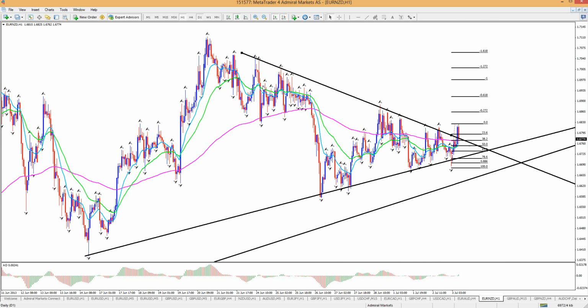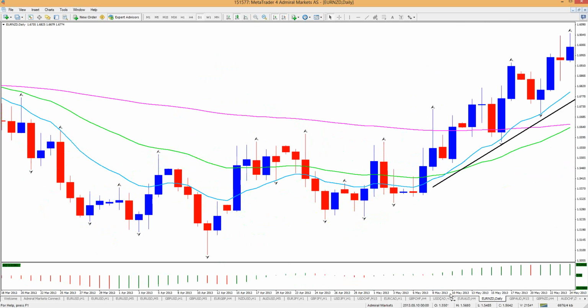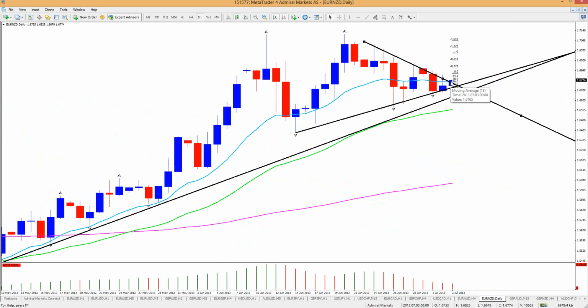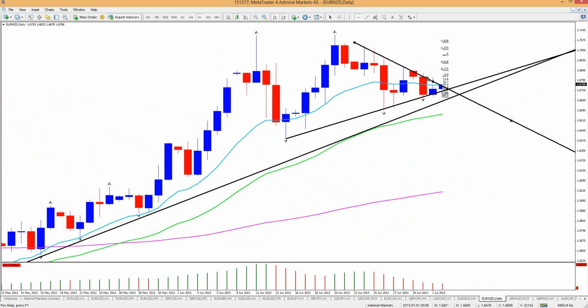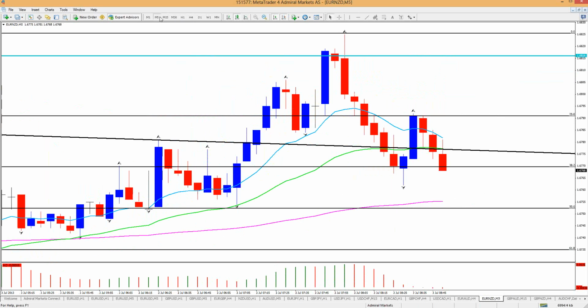Let's take a look at the day chart. Let's see, yesterday's high is at 168.16. It's moving down pretty fast here.